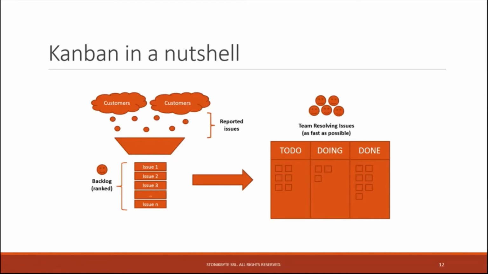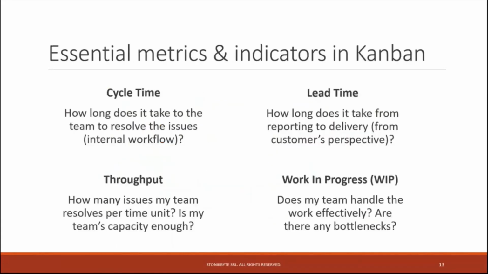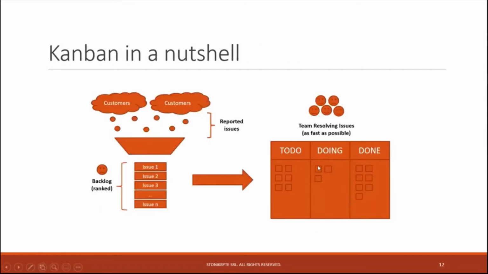And so for this type of project or process, there are some key metrics and indicators that you should look at. First is the cycle time. Cycle time indicates how long it takes the team to resolve the issue. So it's about the internal workflow of the team. More exactly, when the issue reached doing, so it was moved to doing, how long it took the team until they moved it to done, for example.